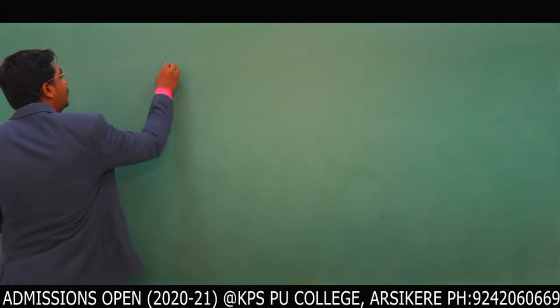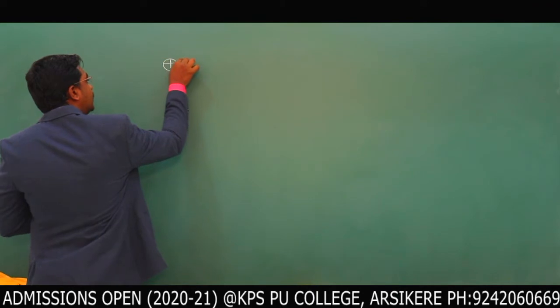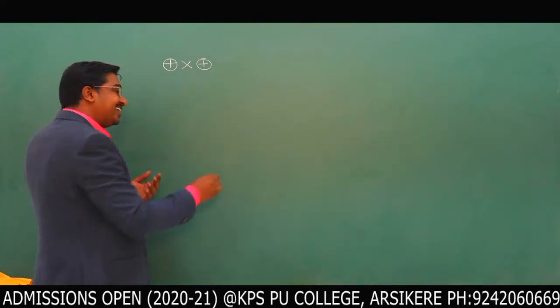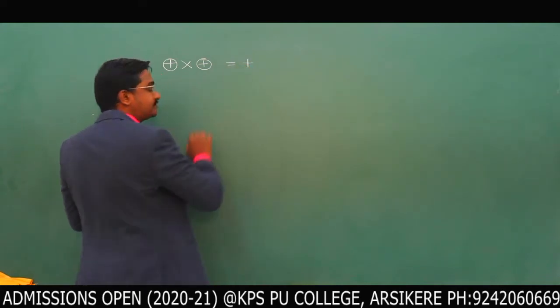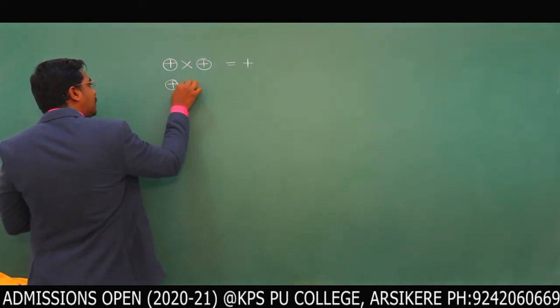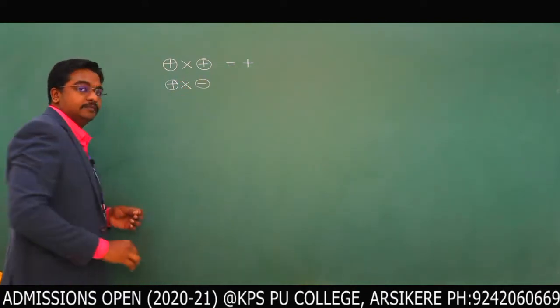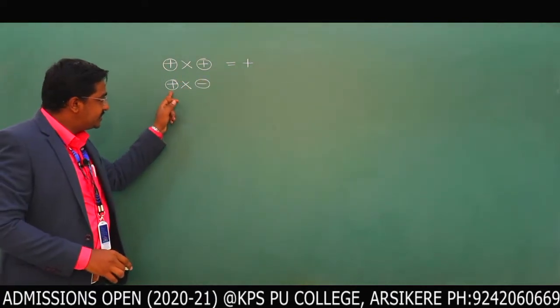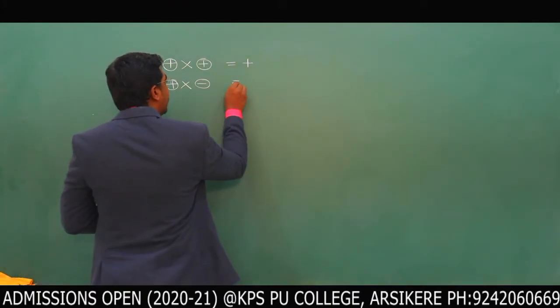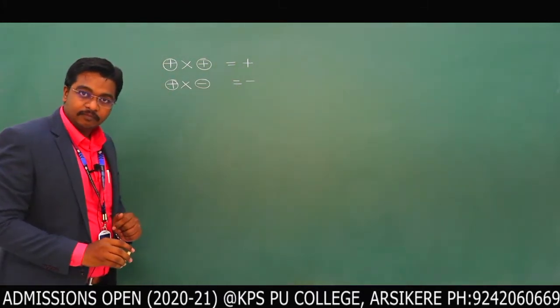Whenever you get the sign plus into plus, plus into plus becomes plus. Is it clear? What is the product of plus and minus? One is positive, another one is negative. So plus into minus becomes minus, negative sign.